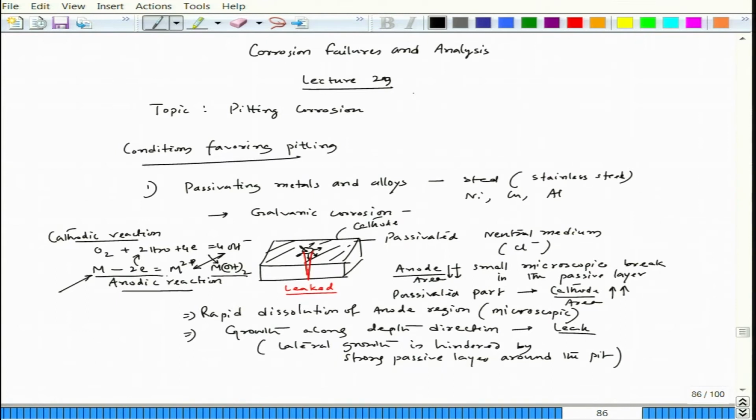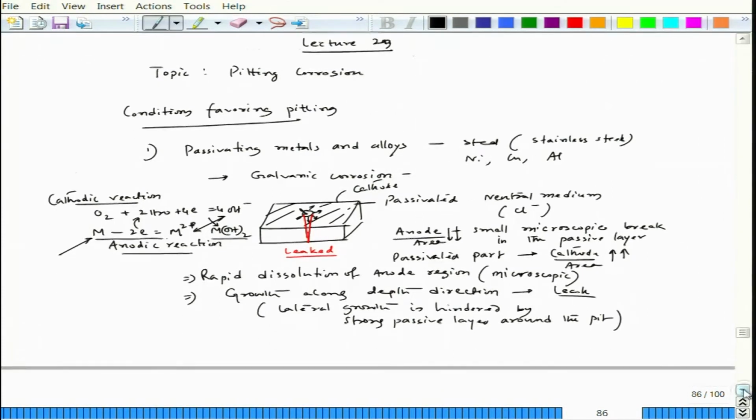So, you could see that here also galvanic corrosion comes into the picture, because galvanic corrosion is basically the initiation of the pit. Of course, where that particular pit will start will be decided by many other factors. But the corrosion start will be decided by the galvanic corrosion.